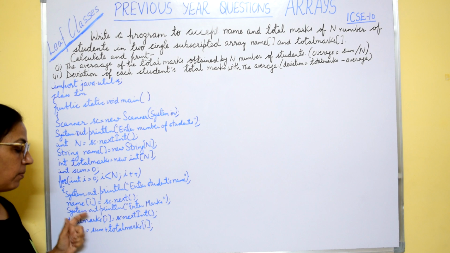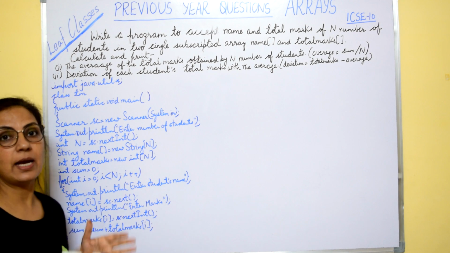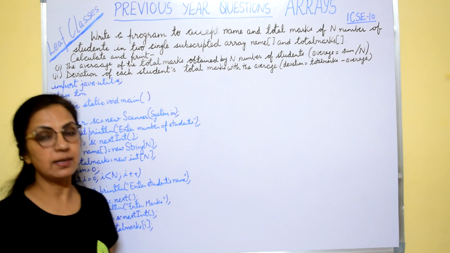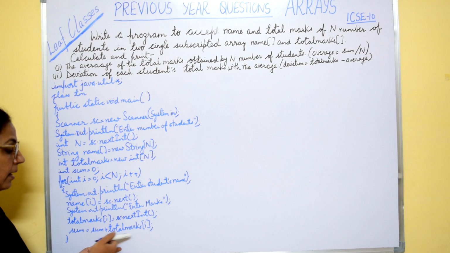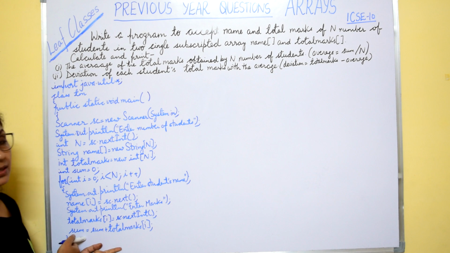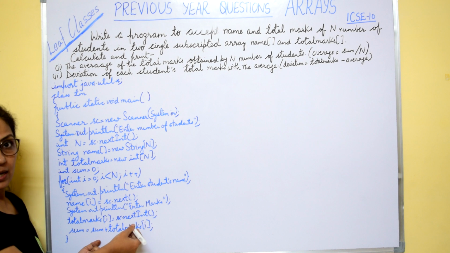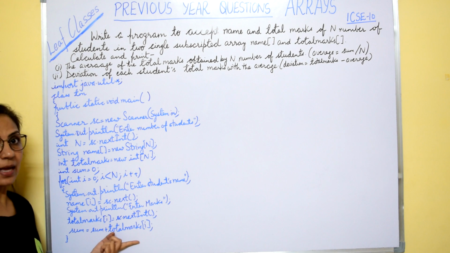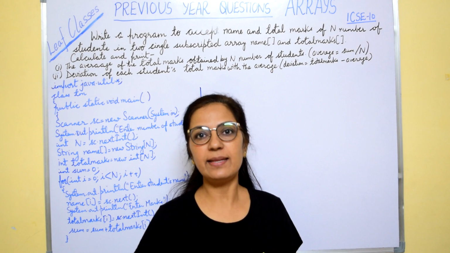Name 0, total marks 0, name 1, total marks 1. So for each child, for n number of students, you have to input their name and the total marks. And as we are entering the total marks, we are adding total marks to this sum variable, like in previous question also we did. As soon as we are entering, we are updating our sum variable by adding that to the sum variable, right?